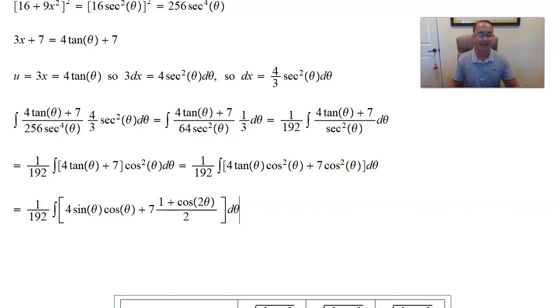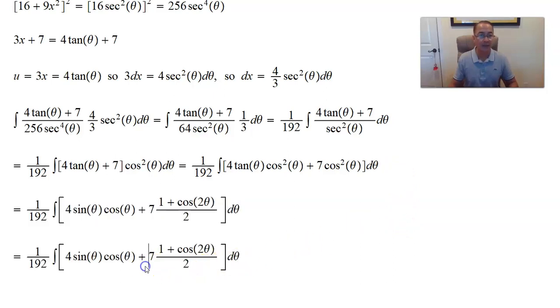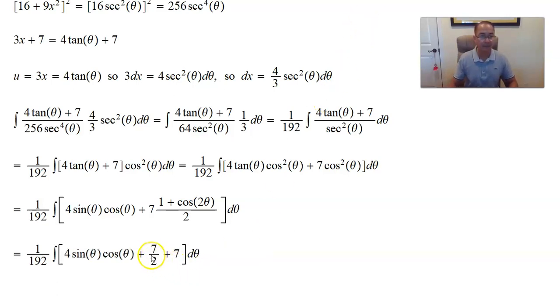And so we can just split that up as we usually do. So it becomes 7 halves plus 7 halves cosine 2 theta.